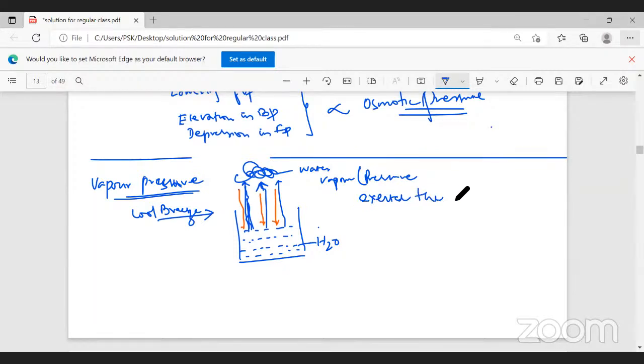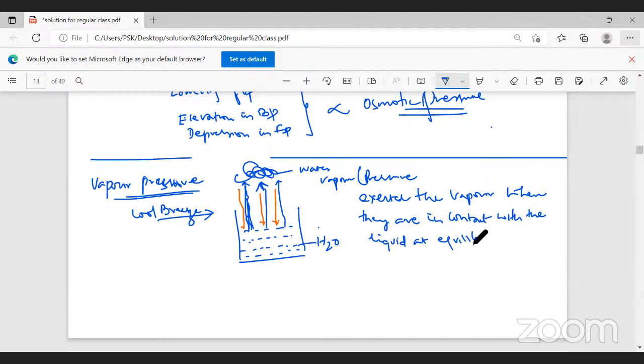So at this equilibrium, the pressure exerted by the vapors when they are in contact with the liquid at equilibrium is called vapor pressure.